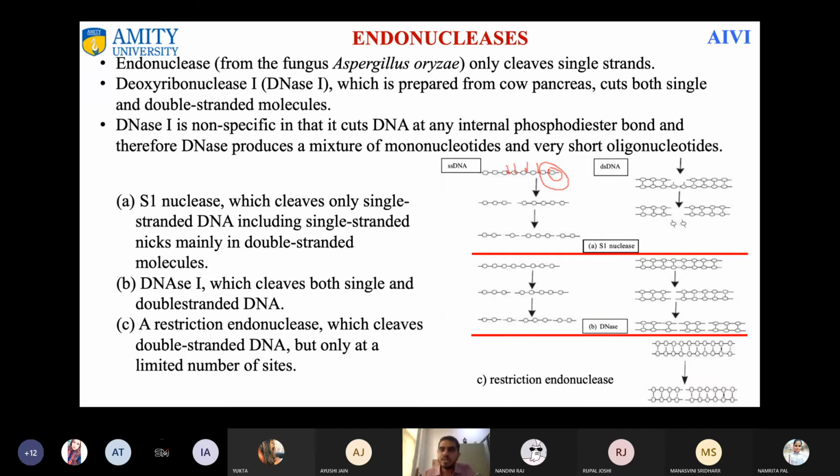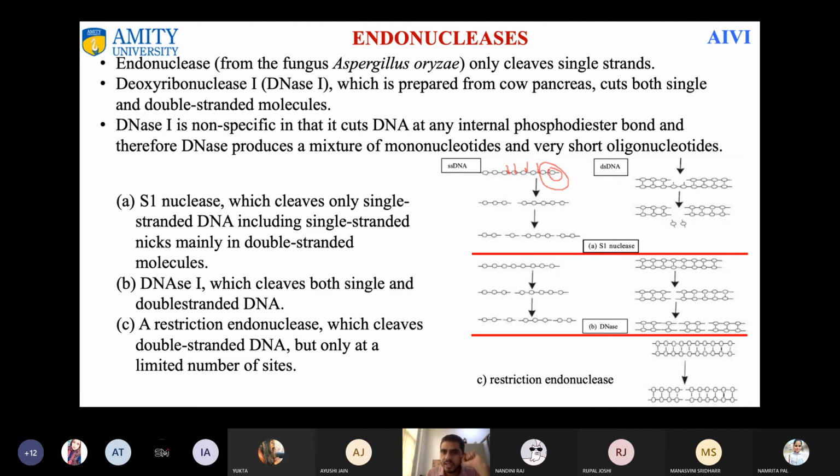So one thing, in case of S1 nuclease, the upper one is going to be S1 nuclease. If you give single-stranded DNA, it produces cuts and provides fragments.